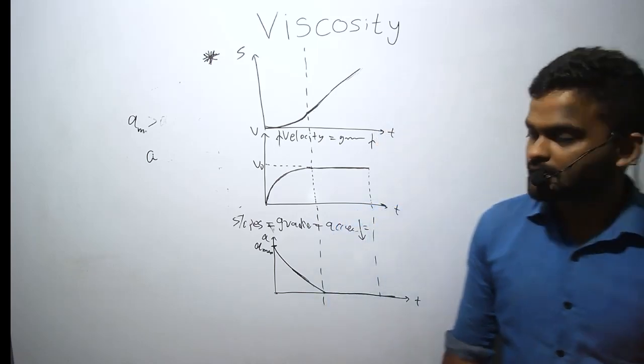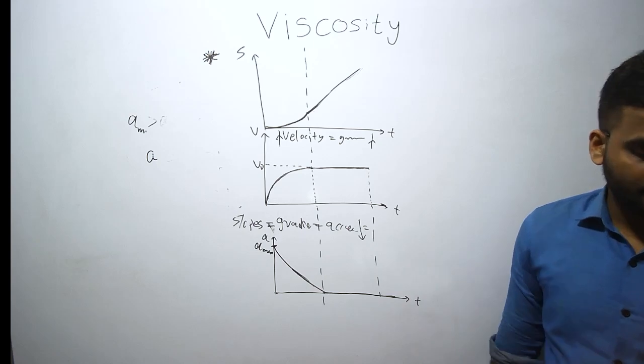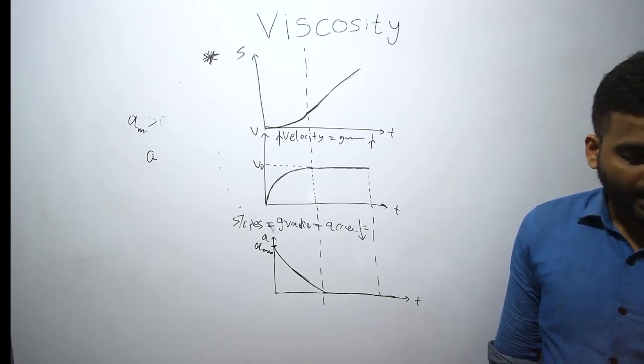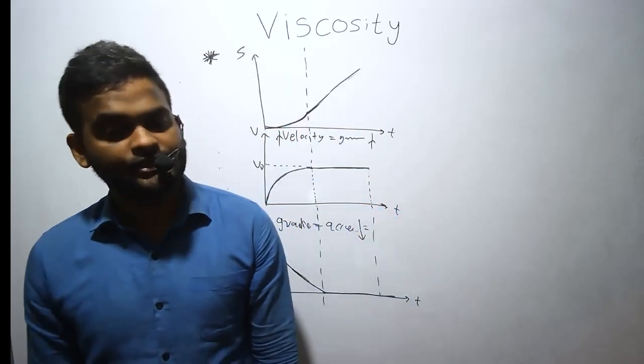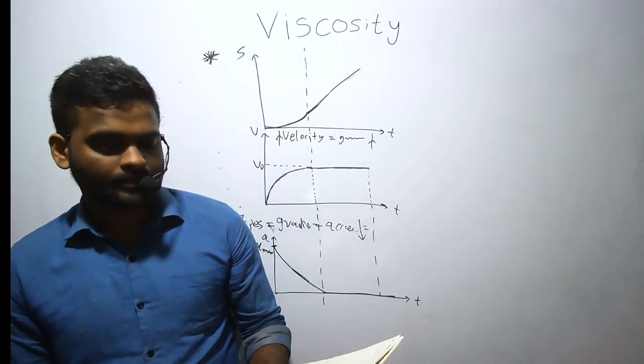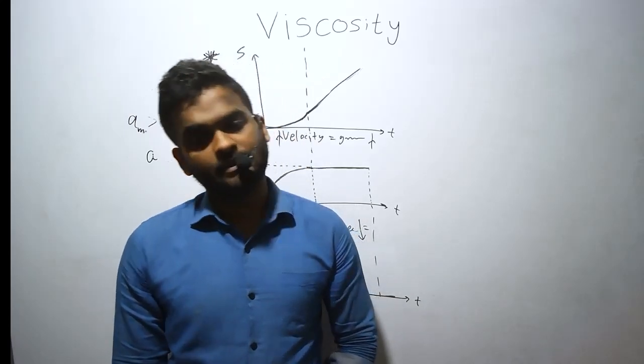Okay. Then in front of AT graph, write down. At initial moment, A is maximum.